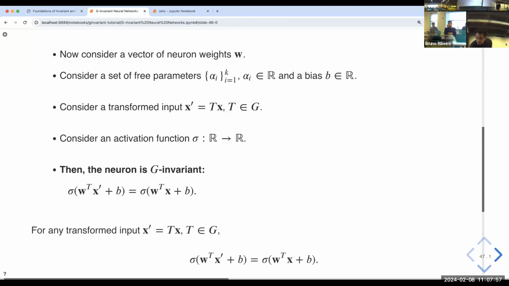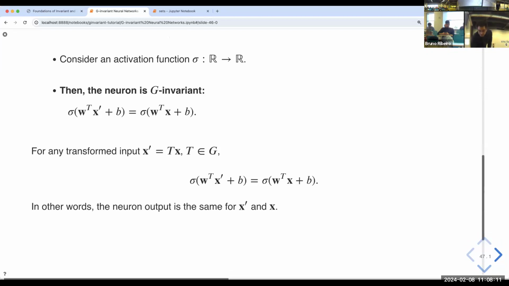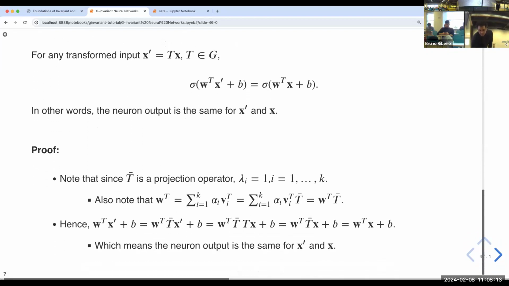So for any transformed input, this is true: the transformed input's inner product with W is the same as the untransformed input's. So the output of the neuron is the same for your transformed or untransformed object. The proof is quite simple, and it uses everything we have used.